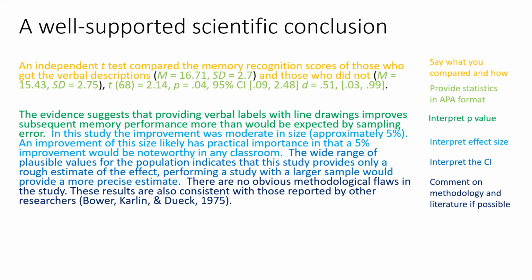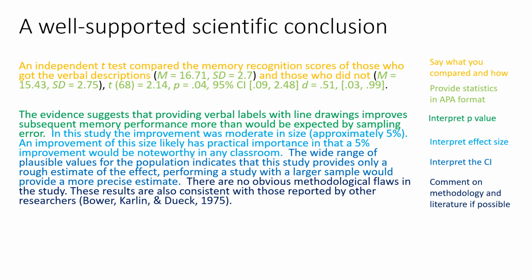Finally, you want to comment on the methodology and scientific literature. In this case, I did it in a pretty sparse way. Rather than commenting specifically on the strengths of the study with random assignment and good procedural control, I just said there's no methodological flaws in the study, which is pretty minimal but acceptable.